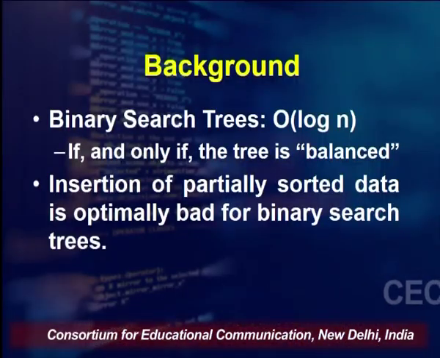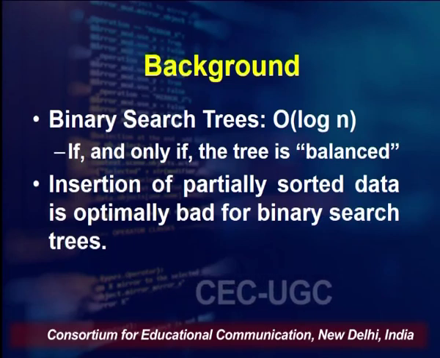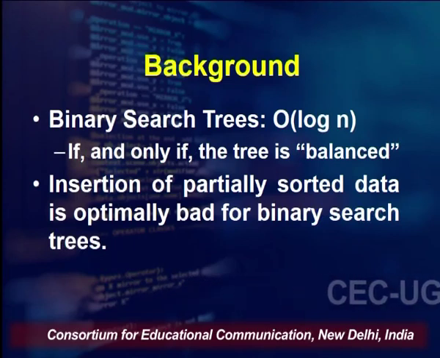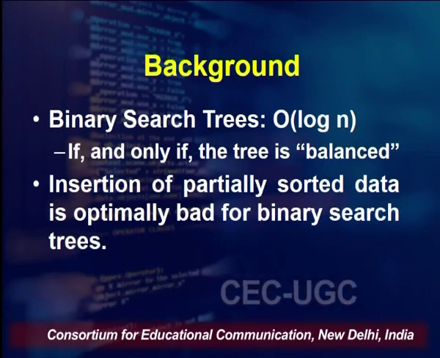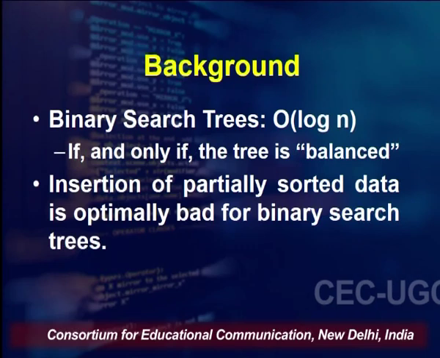Now I am sure that you are all aware of the data structure binary search trees. A binary search tree has a root element, and all the elements which are less than the root element come on the left side, and all the elements which are greater than the root element are on the right subtree.